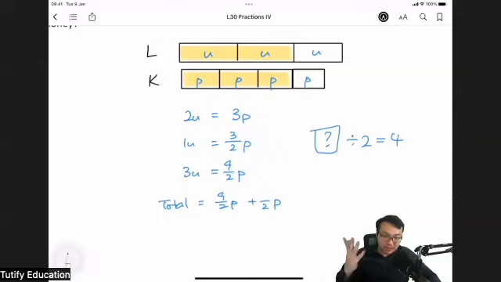I'm asking you something divided by 2 equals 4. Tell me. Is it 10? 10 divided by 2 equals 4. Yes or no? No, right? No, it's 5. So what divided by 2 equals 4?